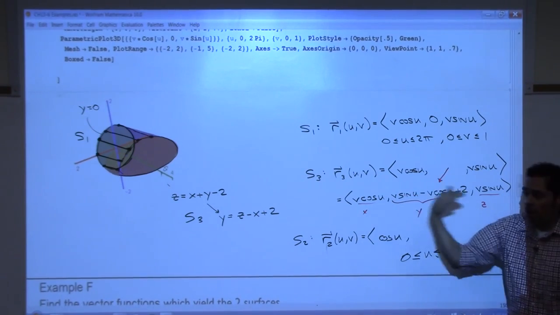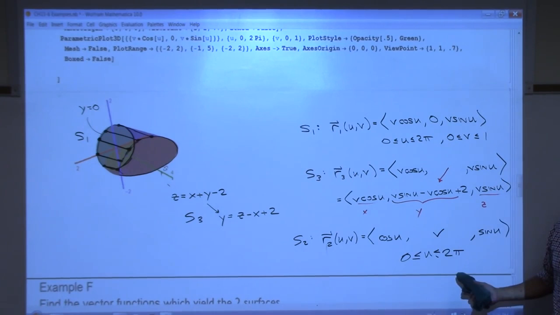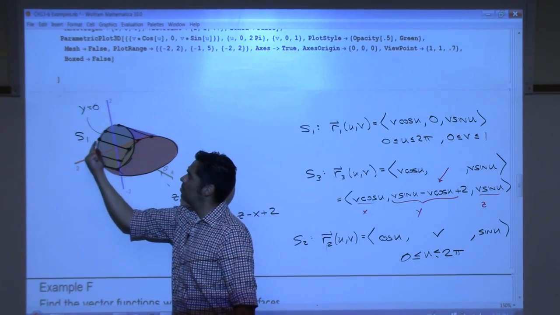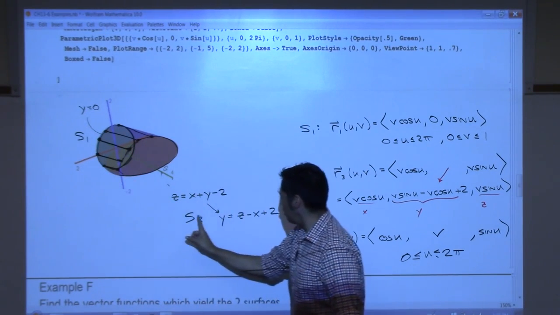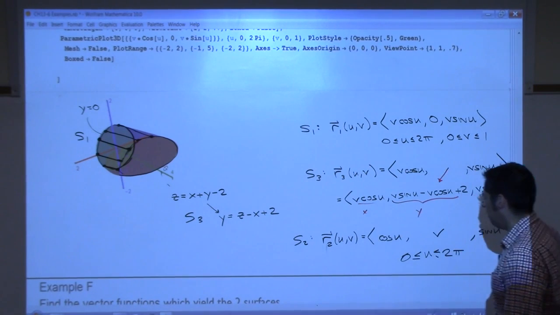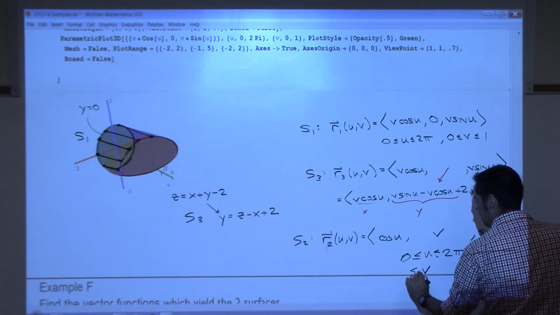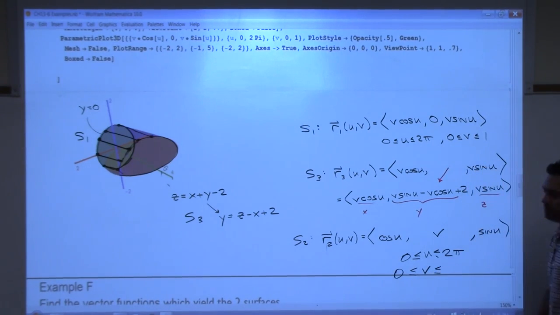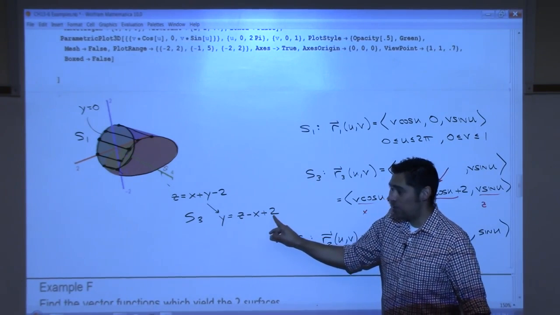Then I want my y coordinate to go back and forth. So I'm going to let it just be v. And that v has to be stuck between what two y values? 0 is the back, and the front y value is this plane right here. Yes? So I'm going to let v be stuck between 0 and, again, this is the trickier part, z minus x plus 2.